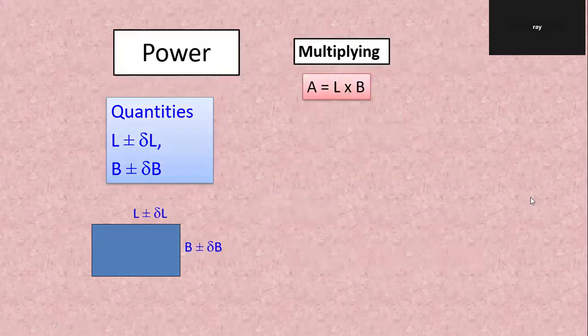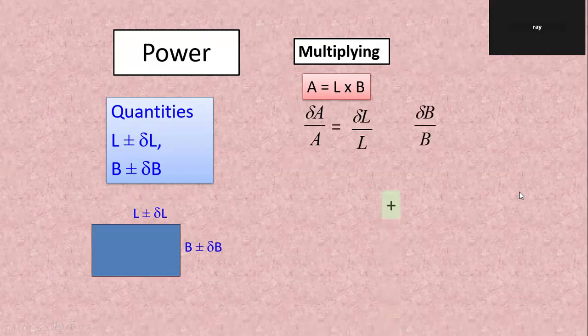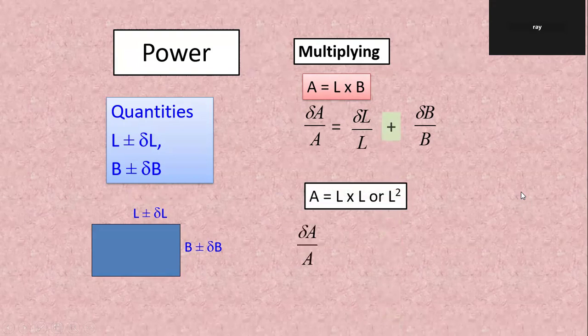Just stress to you. Power, same thing. You just add the fractional error or proportional error. If it's L squared, it's delta L over L plus delta L over L, which is 2 delta L over L. That's where the square comes in. Square becomes multiplied by 2.